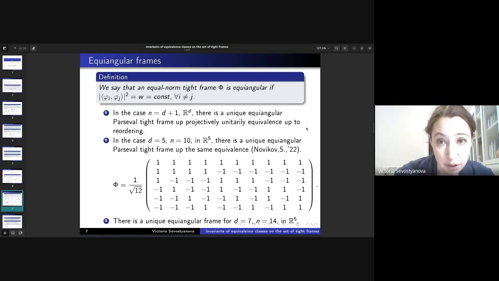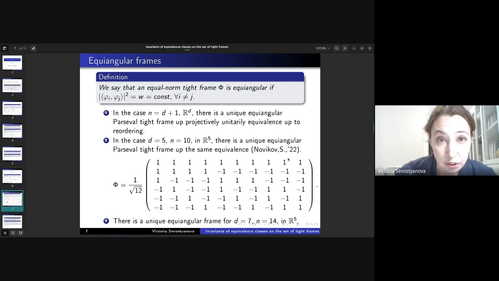The other result was proved by Sergei Novikov, and that's my result: in the case of 10 vectors in the 5-dimensional real space, there is a unique frame. Look at this matrix with 10 columns. The 10 columns are in a 6-dimensional space, but really they are in a 5-dimensional one.